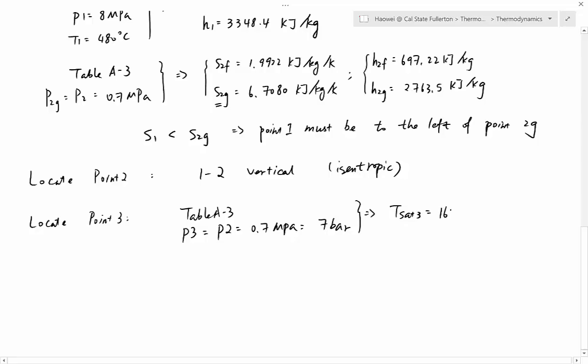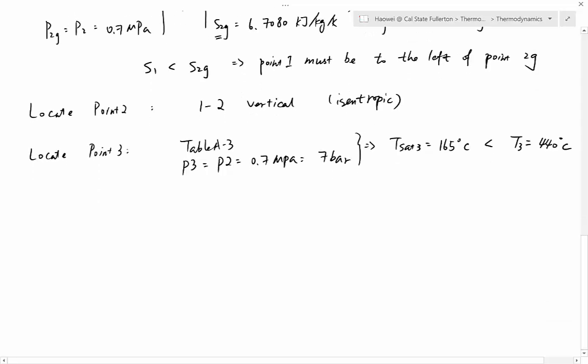And the value is 165 Celsius. What is our actual temperature? T3, reheat to 440 degrees. So our actual temperature for number 3 is 440, which is bigger than saturated temperature. And then again, our conclusion is point 3 must be superheated.